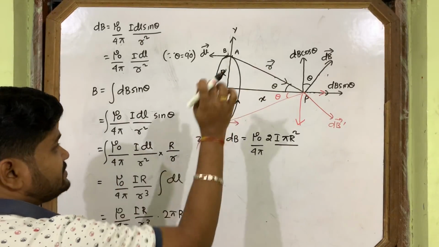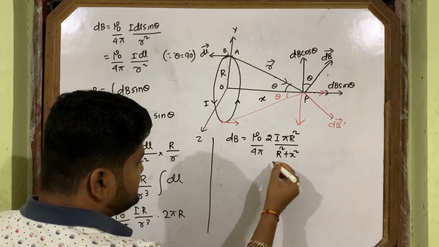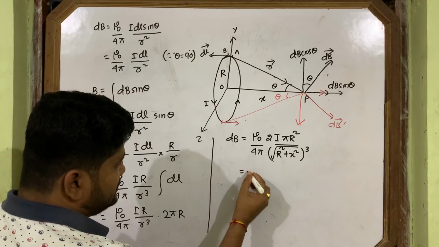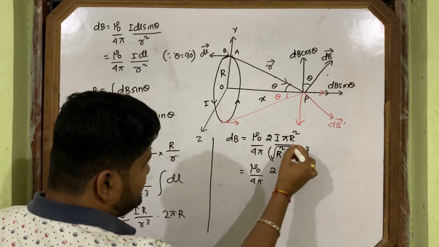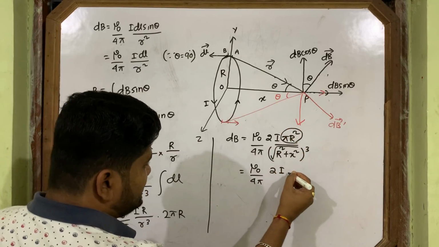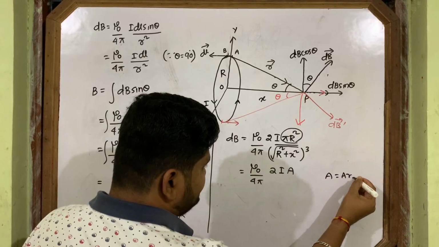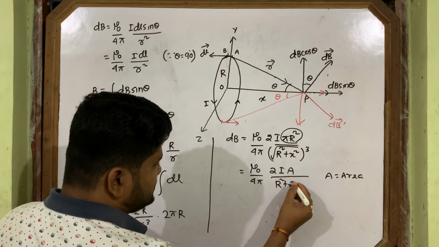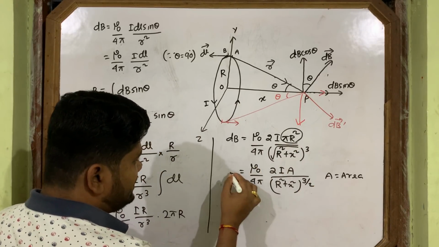But in terms of small r, I can write it as R square plus x square, whole root, then whole cube. So it is mu naught by 4 pi, 2I. What is this pi R square? A, the area of the coil. R square plus x square root means half power, it becomes 3 by 2.